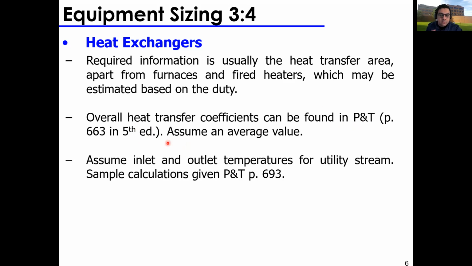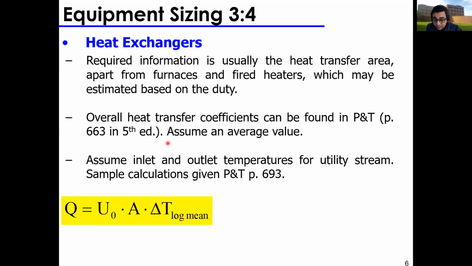But basically, you get your overall heat transfer coefficient, you know your initial temperature, you know your final temperature, calculate your heat transfer area, and the heat transfer area really determines how big your heat exchanger is, right? Once you have this parameter, the area of heat transfer, you can get the cost of this heat exchanger by just looking at charts. And again, these charts are available in Peters and Timmerhaus. They're also available in a bunch of other books.